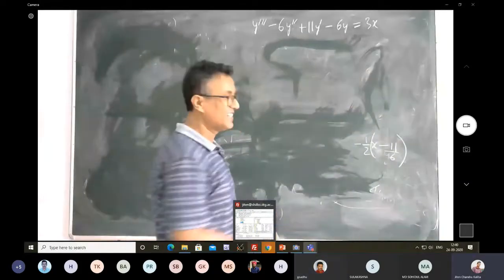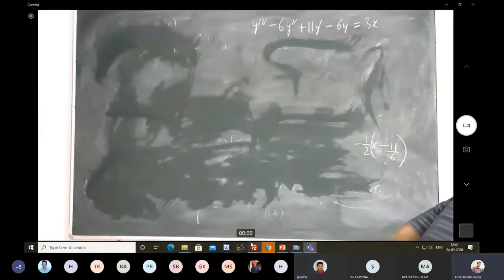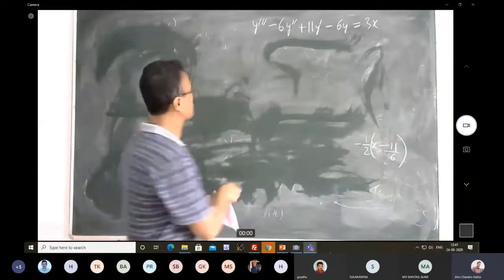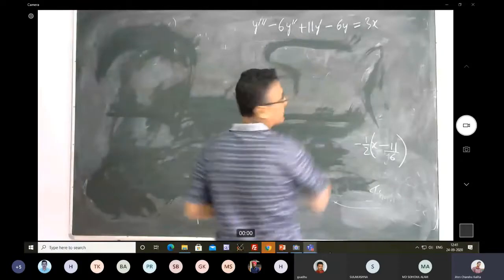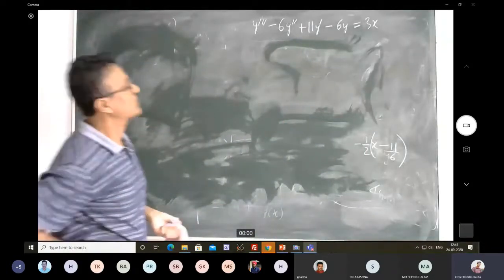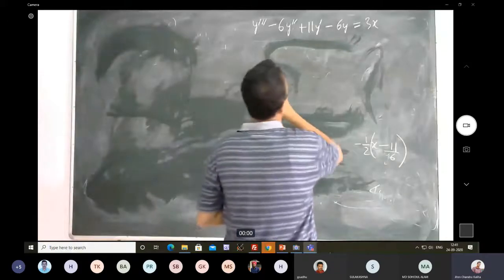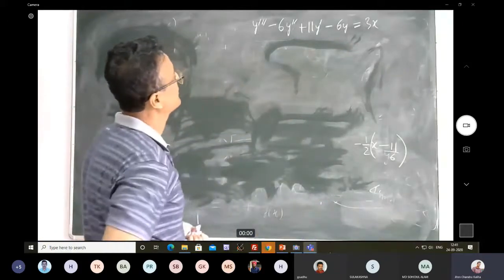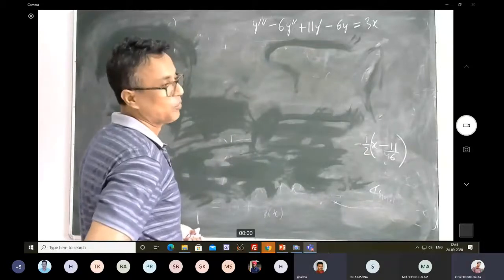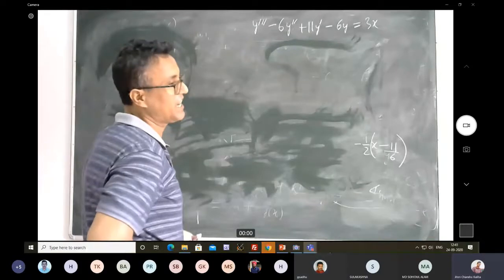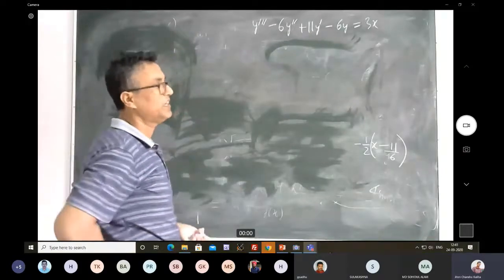See here the trick is, we don't have to worry about all those higher order derivatives. So you simply choose a function which will be linear in x, something like ax plus b.